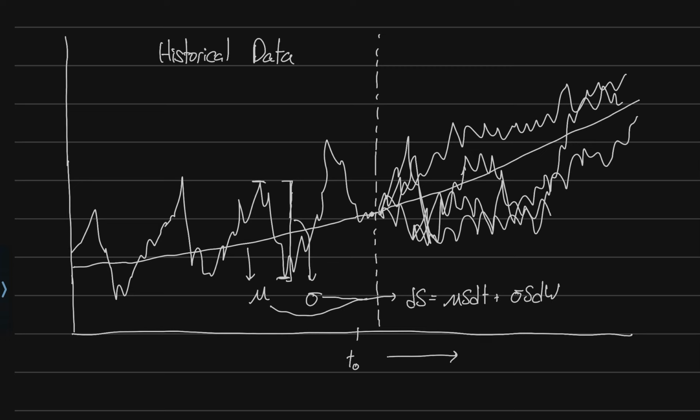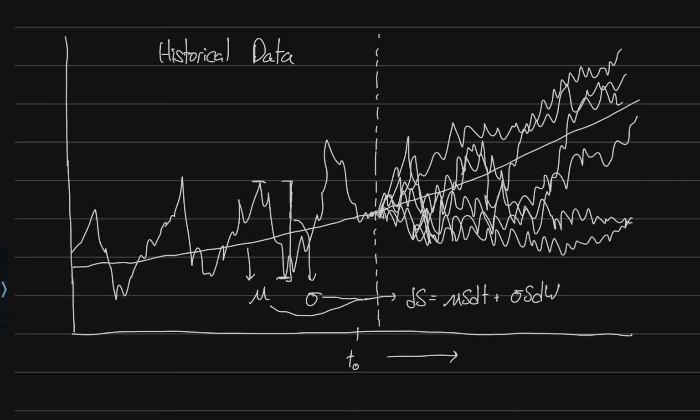Now, we don't exactly know what the movement of the stock is going to look like with a high level of precision, but we have a general idea of where it can be.